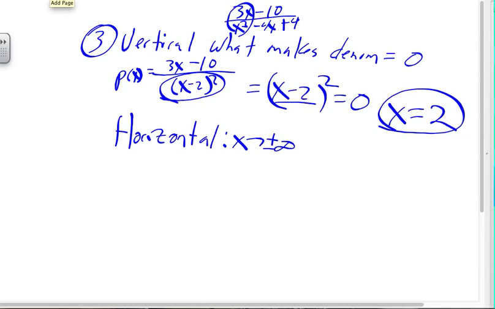So I just take my highest order terms, 3x over x squared, which comes out to 3 over x. So as x goes to infinity, this will go to 0.